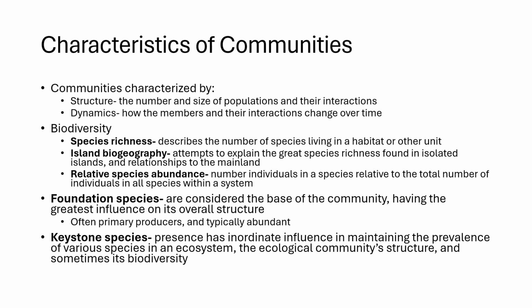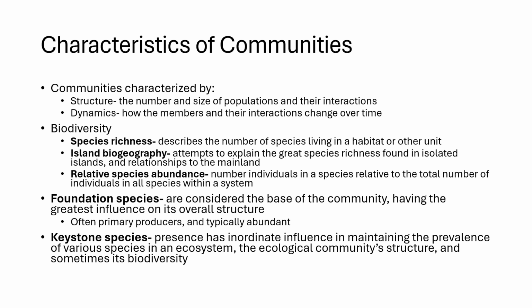You also have these keystone species. So keystone species are important regulators then of the community. They have sort of an inordinate influence in maintaining other species in this ecosystem. And so they are often like the apex predator. In the instance they give, it's like starfish eating oysters and stuff. You remove all the starfish, then the oysters get out of whack.